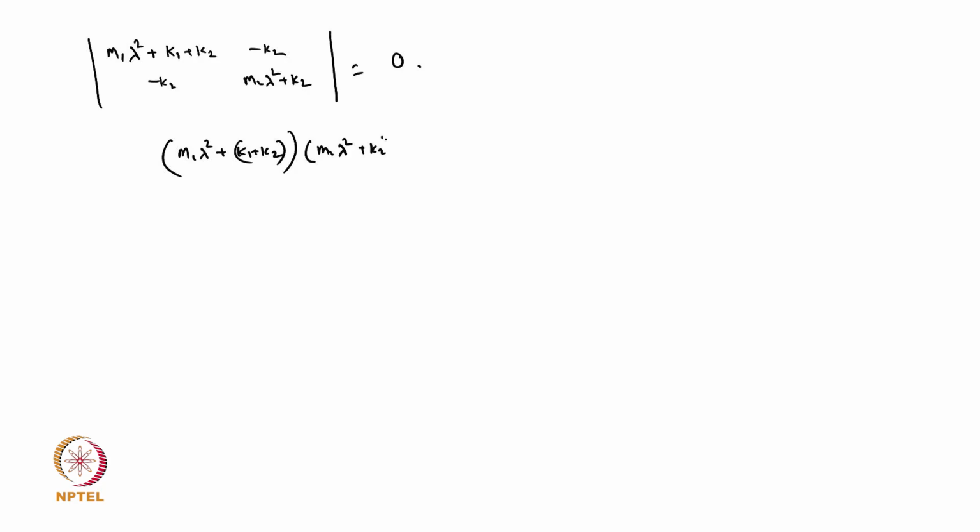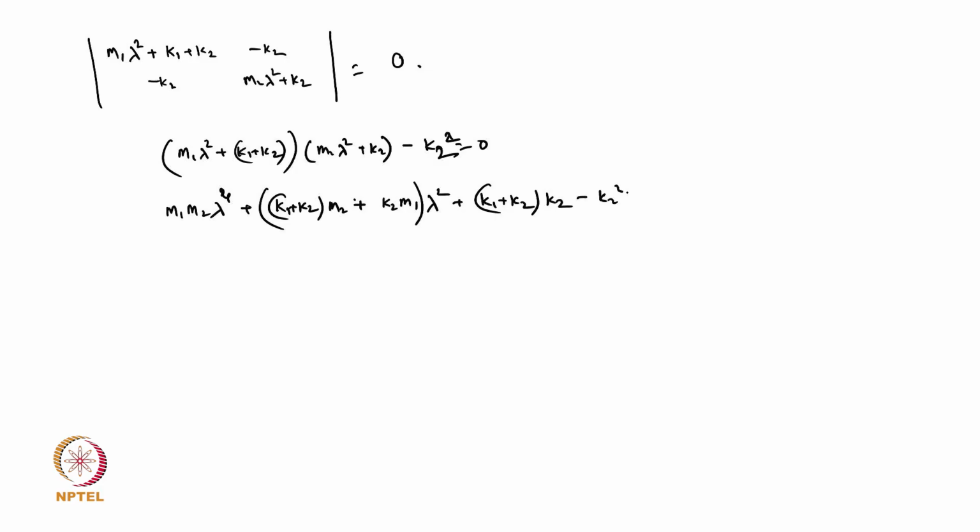m1 lambda square plus k1 plus k2 times m2 lambda square plus k2, minus k2 square, that is equal to 0. So m1 m2 lambda to the power 4 plus (k1 plus k2) m2 plus k2 m1, into lambda square, plus (k1 plus k2) into k2 minus k2 square, that is equal to 0.